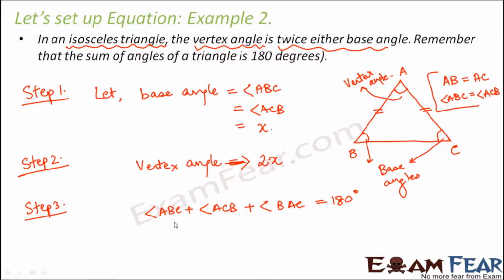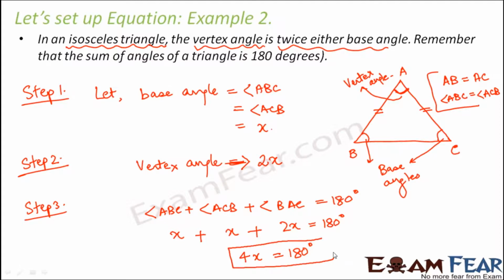So what is angle ABC? ABC is a base angle, which we have assumed as x. What is ACB? ACB is again a base angle, which is x. What is BAC? BAC is the vertex angle, which is 2x. So this is equal to 180 degrees. Therefore, x plus x plus 2x, which is equal to 4x, is equal to 180 degrees. So this is going to be the equation for this problem statement.